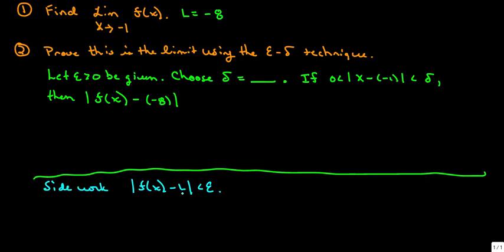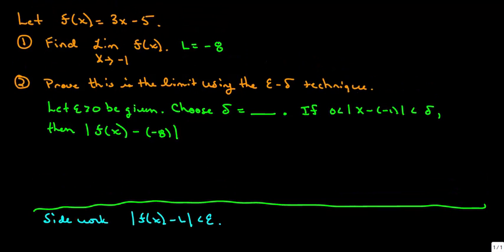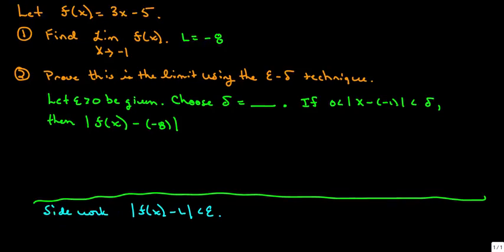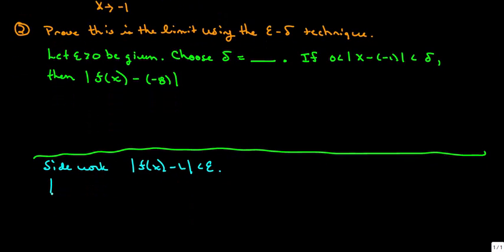So what do we do? Well, let's plug in what we've got. We know the function. The function is equal to 3x minus 5. So we know that f of x minus L is equal to 3x minus 5, and now we're going to subtract the limit, which we believe is negative 8.